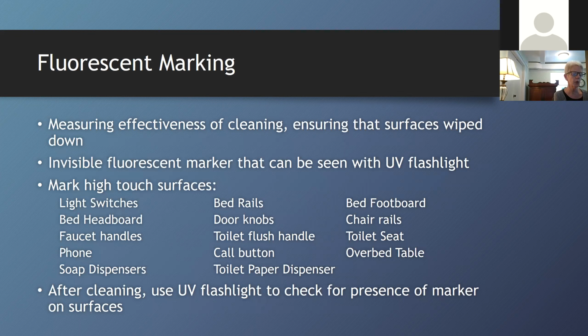So the visual monitoring was kind of the lowest end on the spectrum, but then ATP was much less efficient than the fluorescent marking. Culturing can be very expensive and resource intense if you don't have a lab dedicated to helping you with that. But fluorescent marking is fairly economical and easy to use and provides you with some really good results as well.